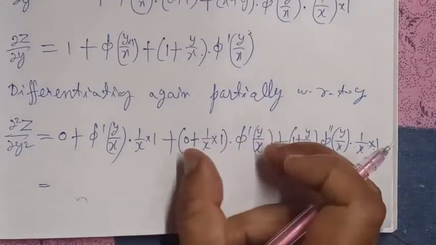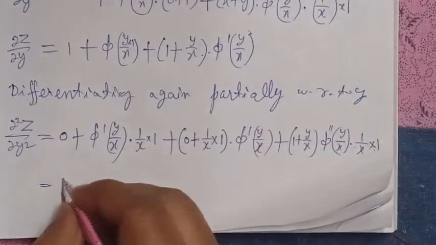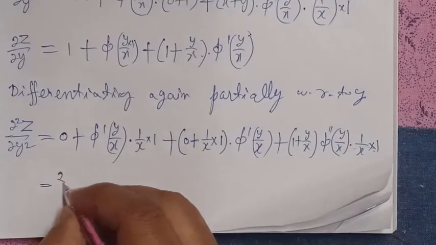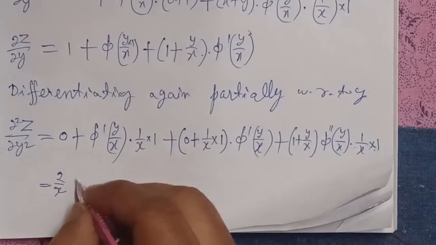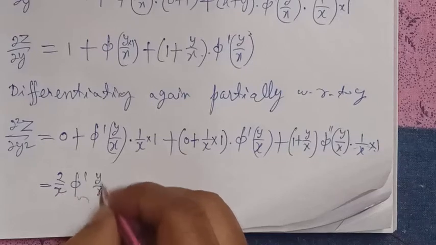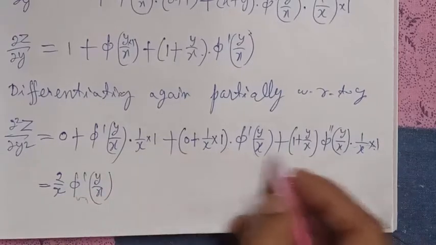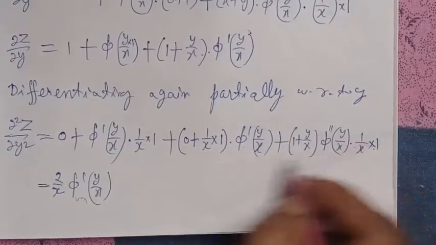So these are like terms, so we collect them as 2 times 1 upon x phi dash y upon x, and write this value as it is.